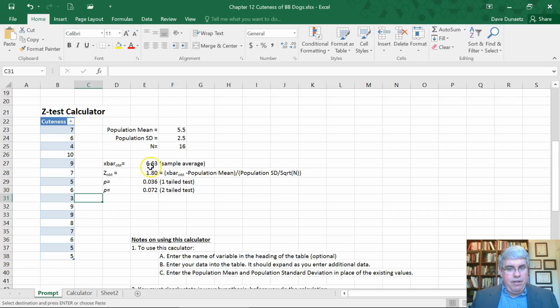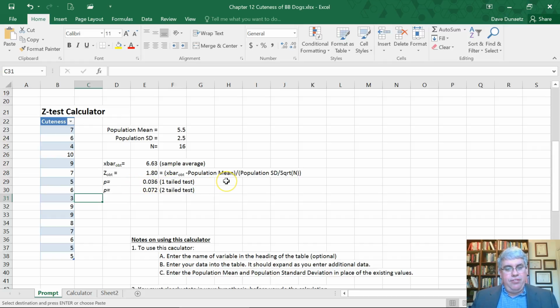And so the average is 6.63. Okay, so that's higher than the population mean. So it looks like the sample's cuter than the population mean. But can we conclude that dogs in general are cuter? Can we make this conclusion for all the rest of the dog Beanie Babies? The z obtained from our test, the z-test, using this formula is 1.80, and the probability of getting that z in a one-tailed test is 0.036.